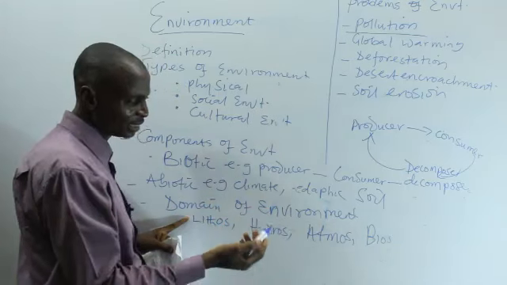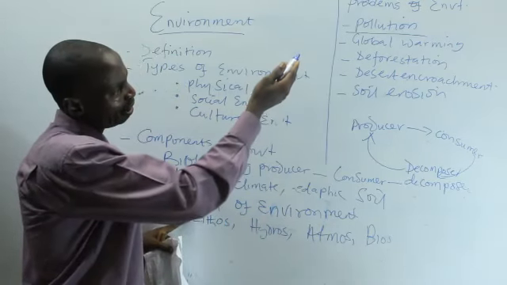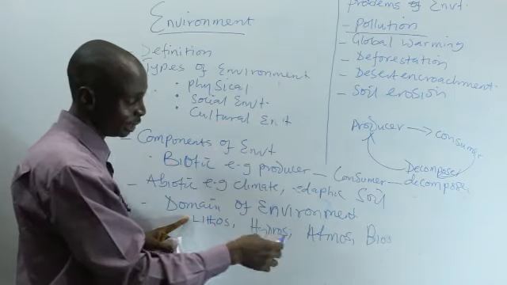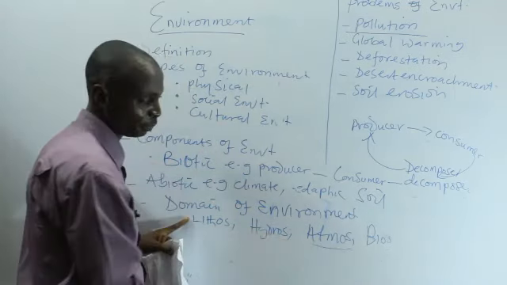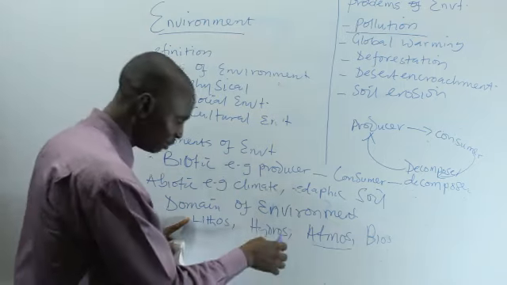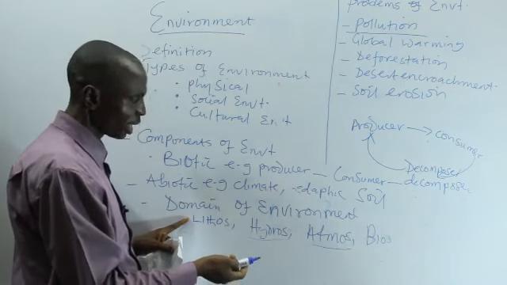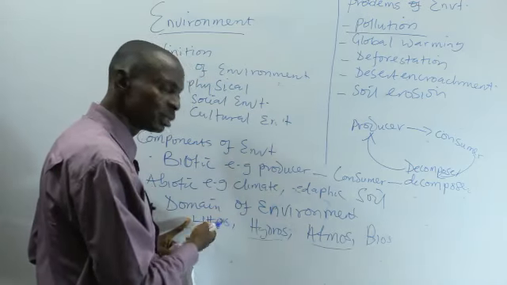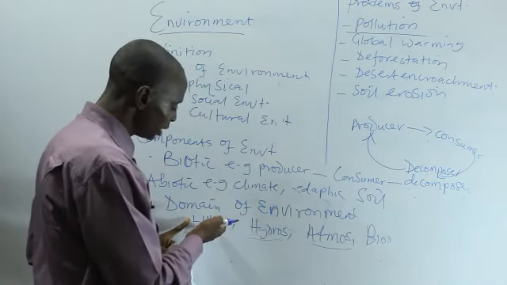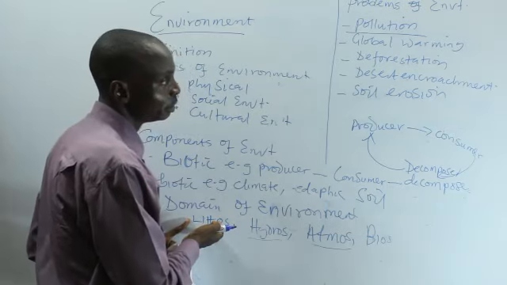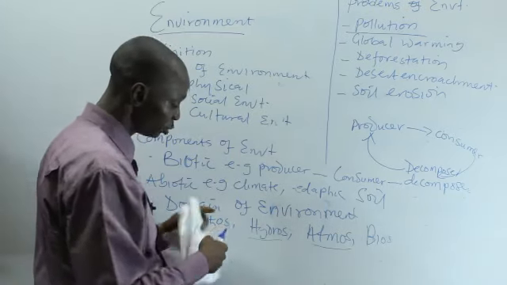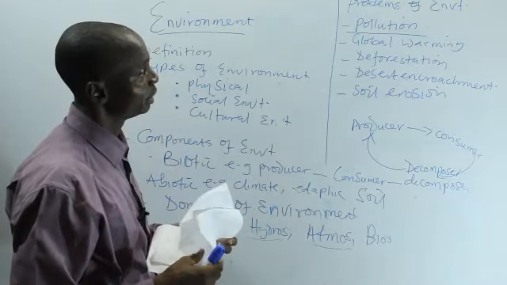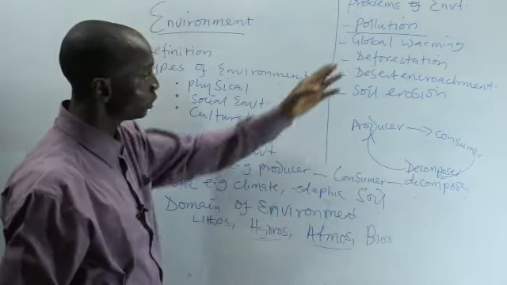If you discharge any harmful substance into the environment, it may damage the atmosphere, it may damage the hydrosphere, and even the lithosphere. If you damage the lithosphere, the ability for farming that is taking place on the lithosphere to produce enough food will not be there, because the land would have been polluted.